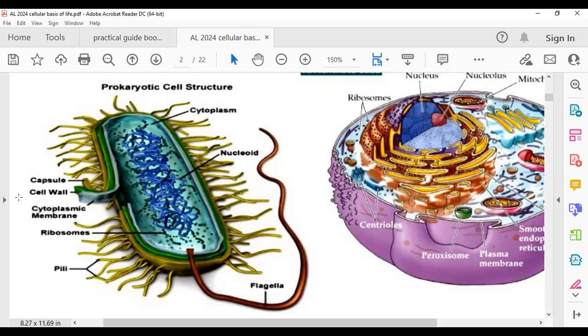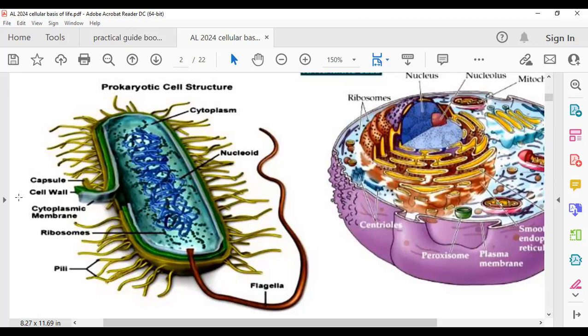There can be pili, short extensions. There will be a plasma membrane. They have called it here cytoplasmic membrane. That kind of a word is not in our syllabus. Okay, that is plasma membrane.